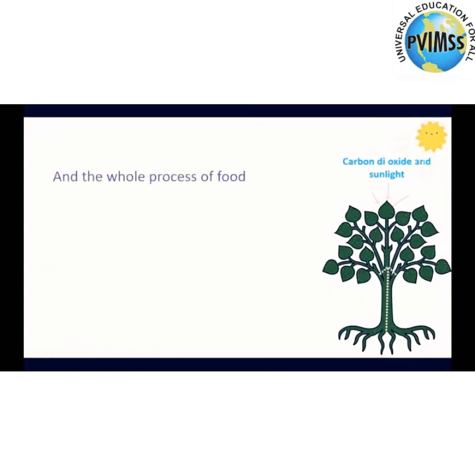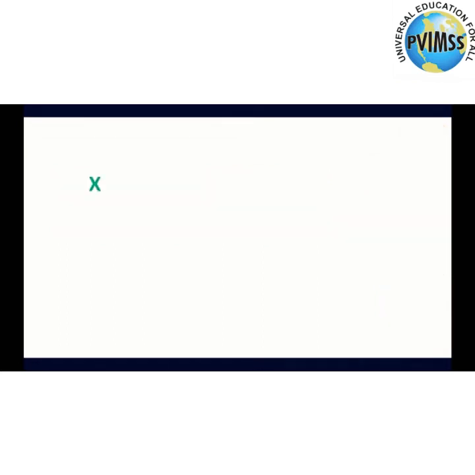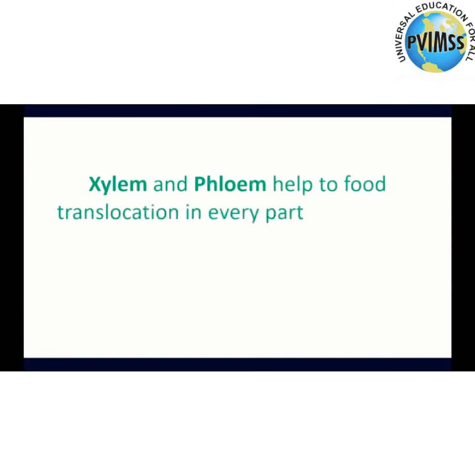The whole process of food translocation in plants is carried out by the conduction system, xylem and phloem. Together they are called vascular bundles. Xylem and phloem help in food translocation in every part of a plant and give mechanical strength to the plant.